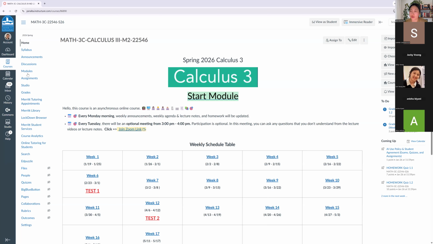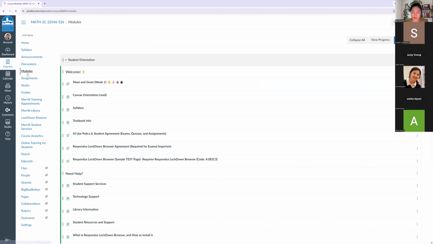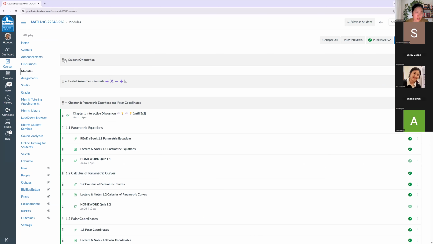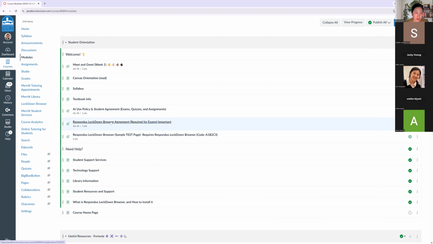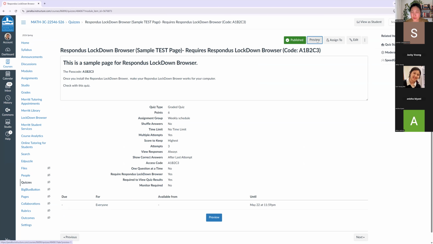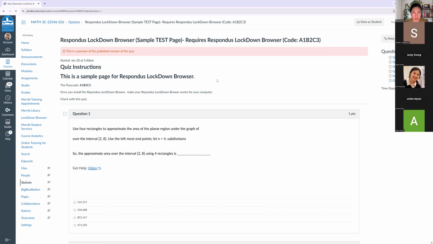Let's do it now. This is Calculus 3. Go to Module, everybody go to Module. Then find the Respondus Lockdown Browser sample test page and click. Then preview, I'm going to see the preview version as a student.